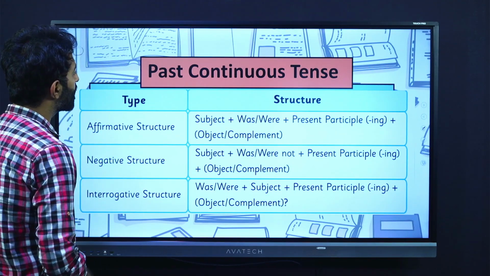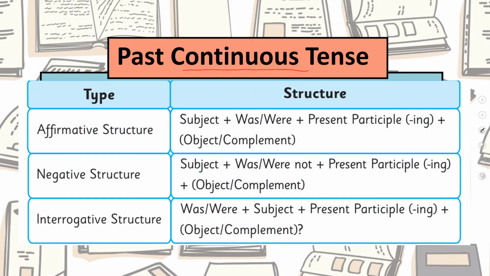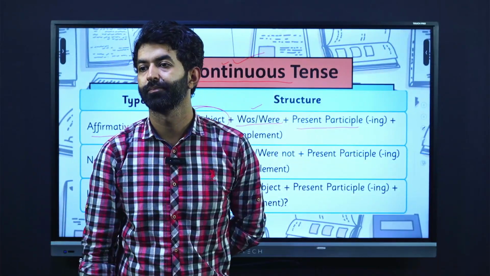So when we are talking about past continuous, it means past में an action जो है is in the process. Affirmative structure में क्या होगा? Your subject, आप इसे note down भी करें, was और were आएगा according to the pronoun, according to the subject, and then you will have your present participle in with the form of ing.